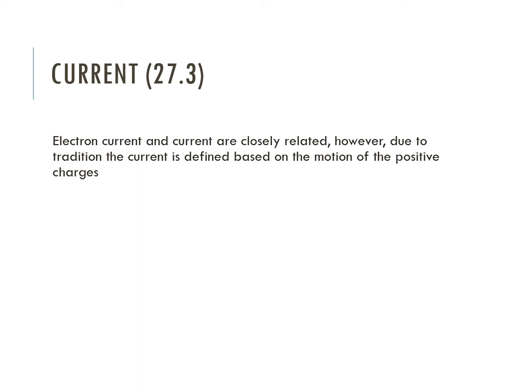However, in my opinion, I think it's due to tradition. Other people might have other opinions. When we are discussing current, it is defined based on the motion of positive charges. So let's go back a little bit.